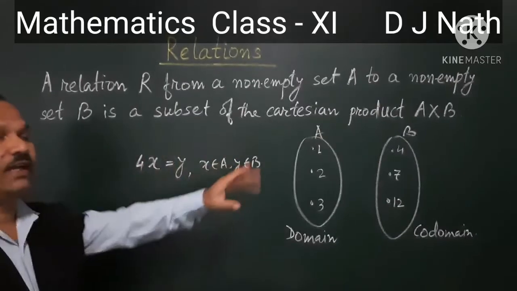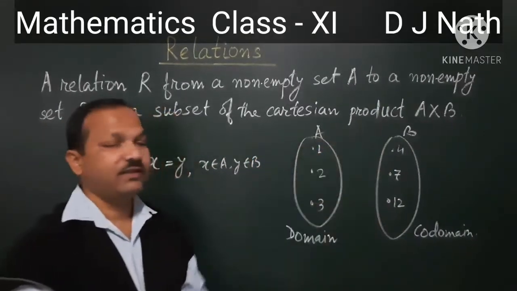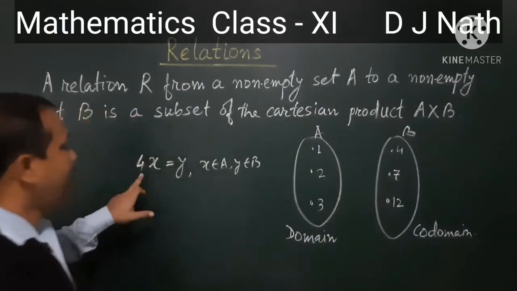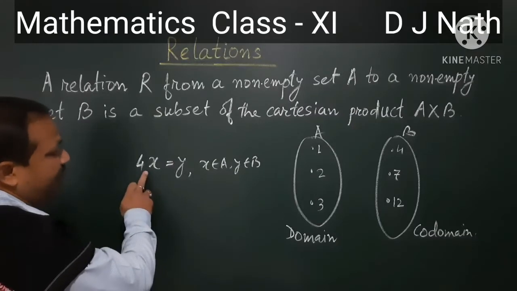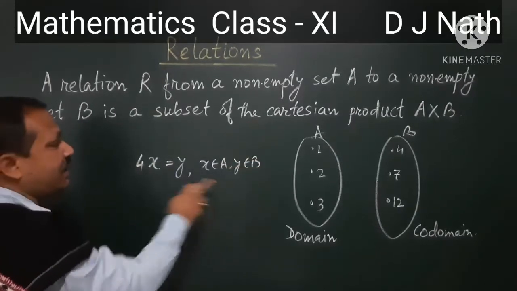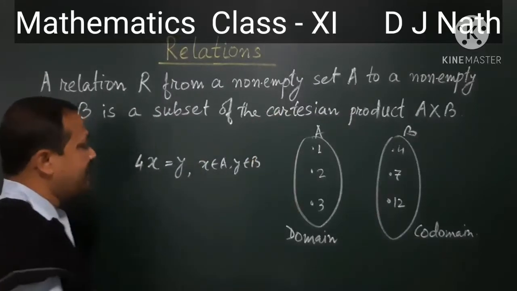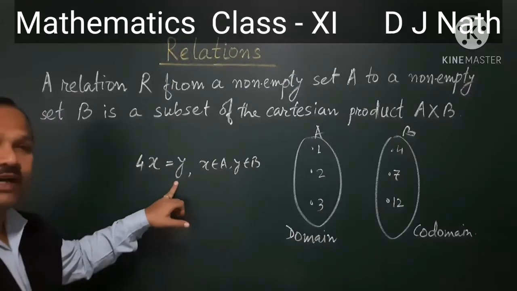Then which one will be relating with which one? Here x is from the first set and y is from the second set. So 4 times x is equal to y.